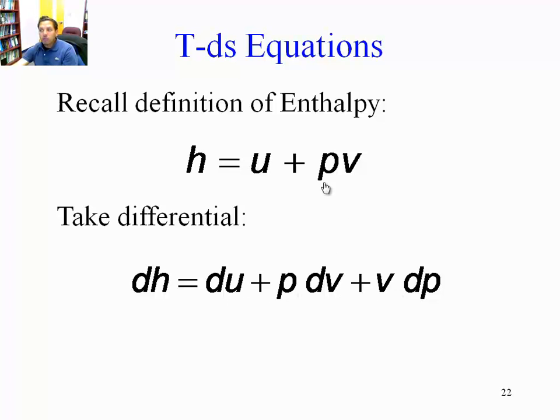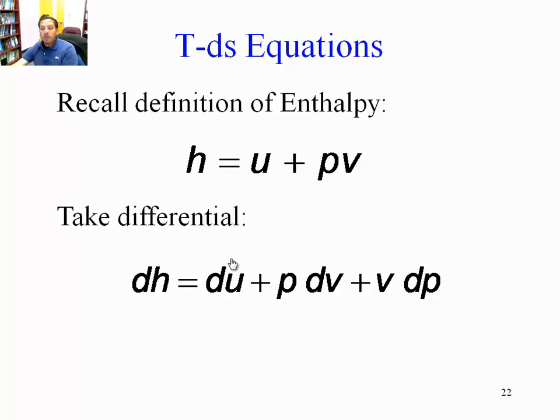The differential of PV is the first one times the differential of the second, plus the second times the differential of the first. So the differential of enthalpy is the differential of energy plus PdV plus VdP.